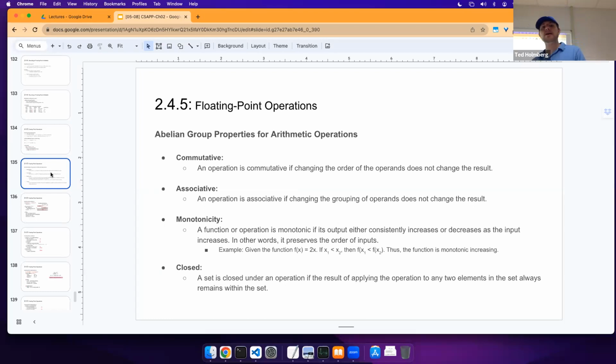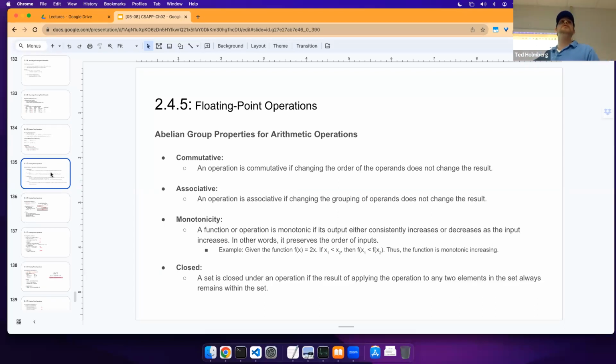Okay, some quick things you should be aware of, because unlike with integers, where we could rely on our arithmetic operations mimicking the mathematics that you're familiar with, there are some properties that are not guaranteed with our floating point operations, and we're going to look at that.